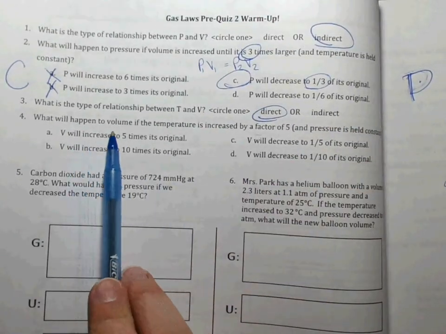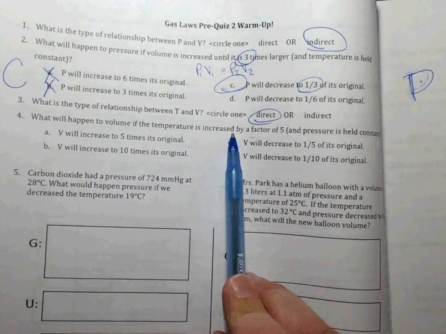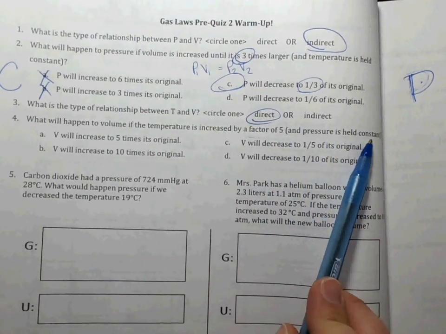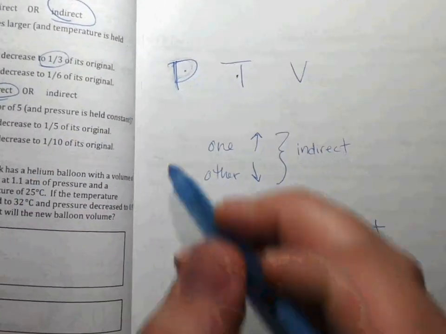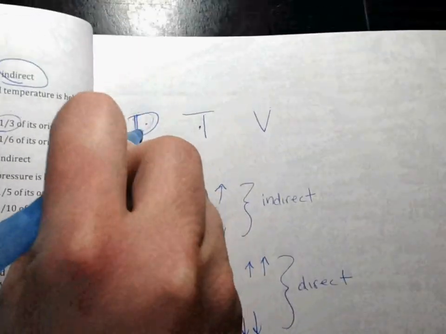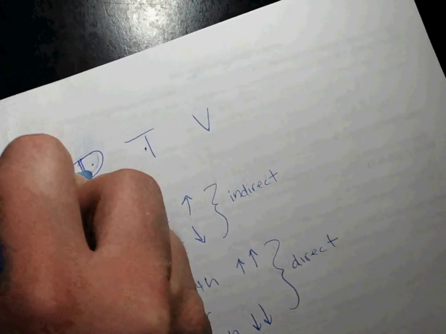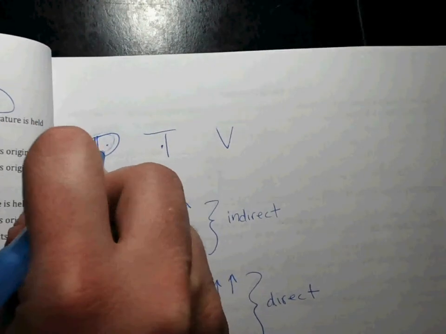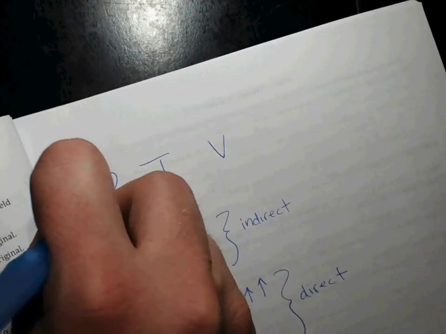Number 4 asks, what will happen to volume if temperature is increased by a factor of 5 and pressure is held constant? So let's hold pressure constant. We're increasing temperature. If pressure is held constant and I increase temperature, I see that volume is also going to go up. Again, if temperature goes up, volume is also going up.